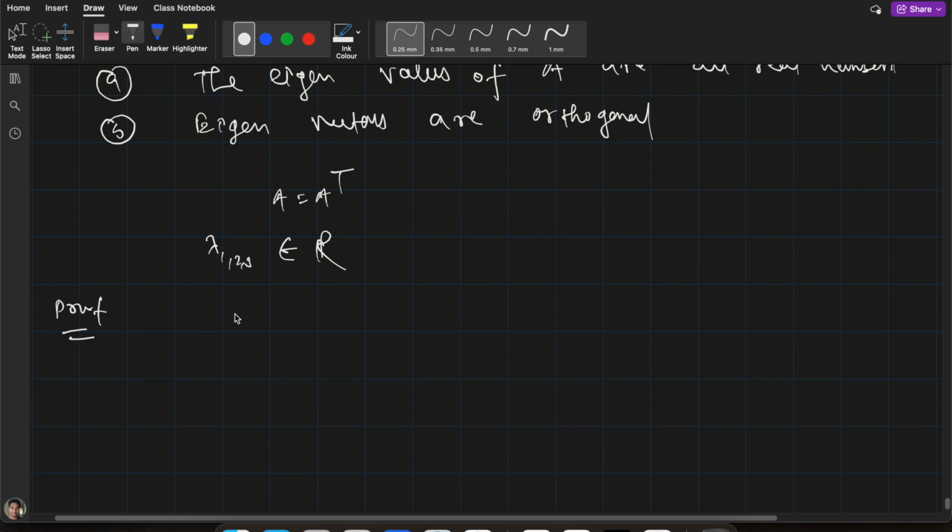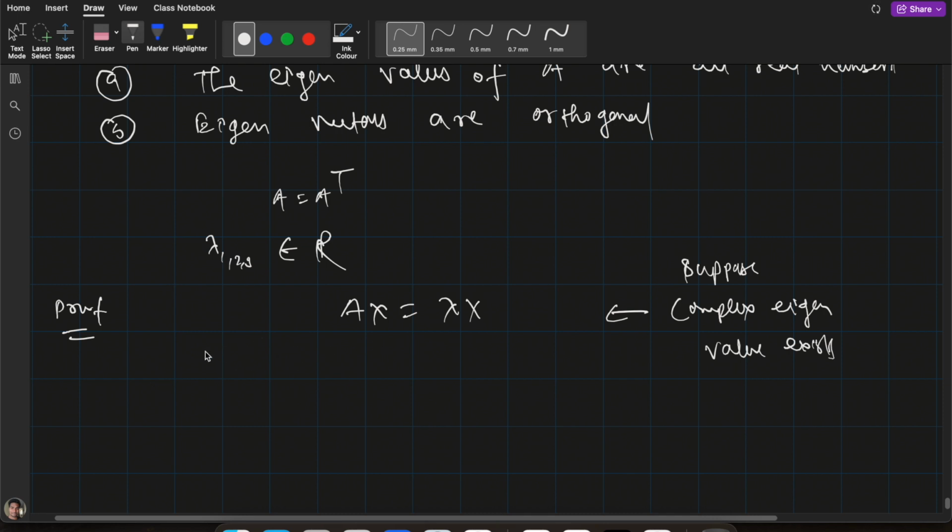So I know that I can write Ax equal to lambda x. Now let's conjugate. Suppose a complex eigenvalue exists. What do you say?